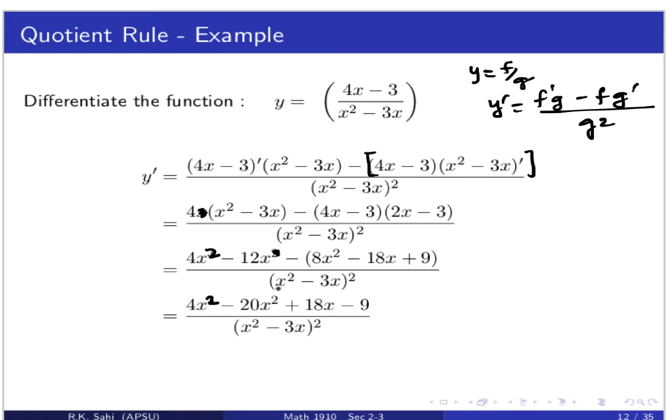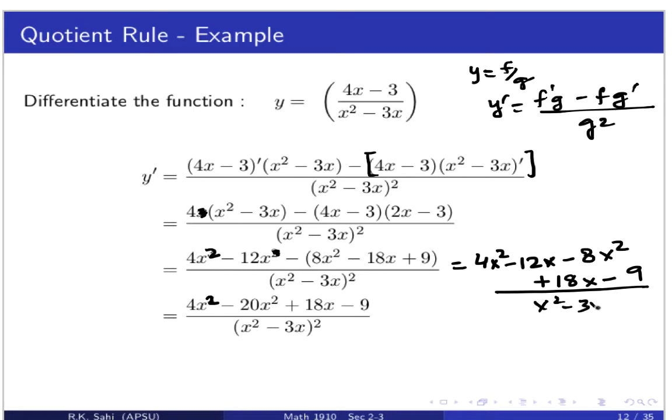So let me do it here because there are little typos. You have 4x squared minus 12x minus 8x squared plus 18x minus 9 divided by (x squared minus 3x) the whole square.